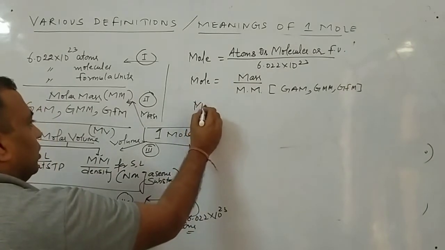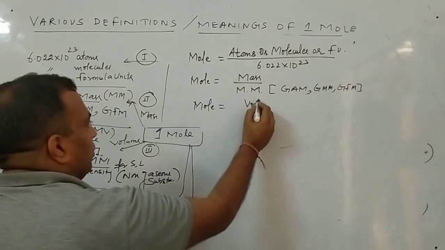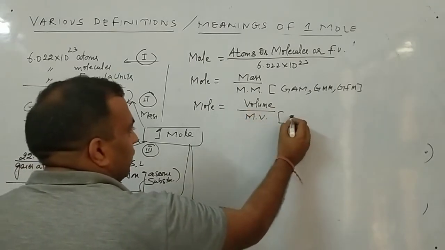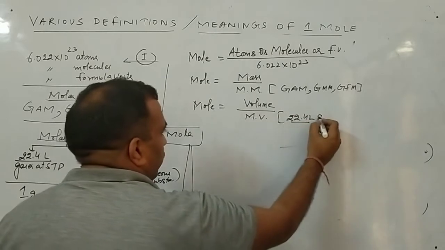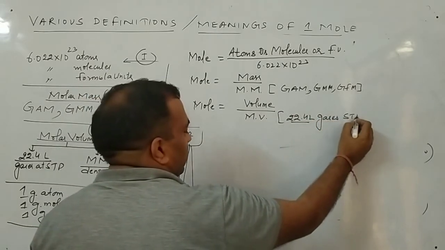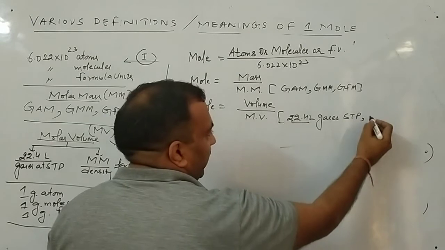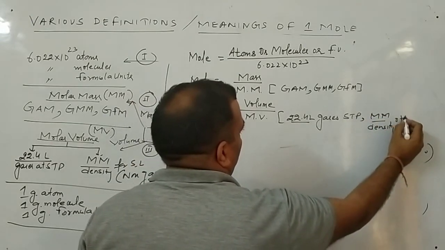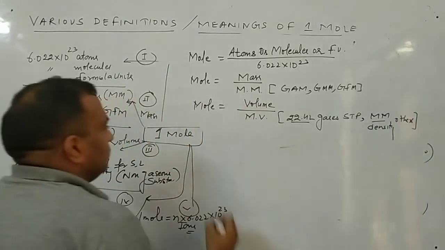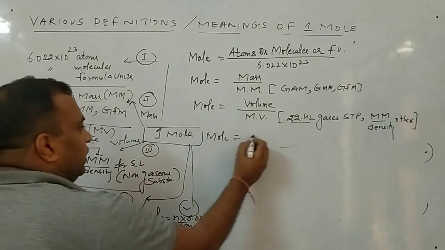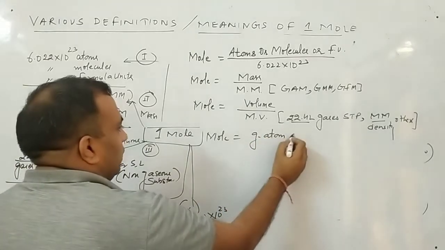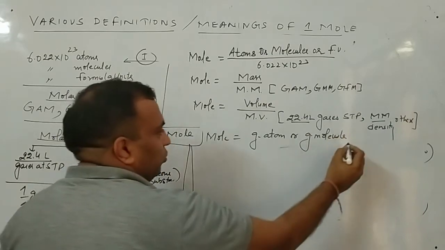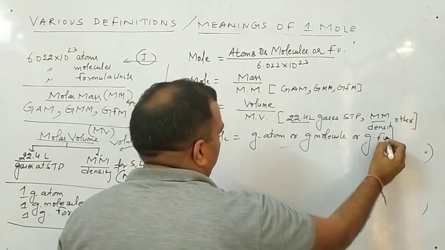Third formula, mole is equal to volume upon molar volume, that you remember, 22.4 liter for gases at STP, and molar mass upon density for others. Next, mole is equal to gram atom or gram molecule or gram formula units.